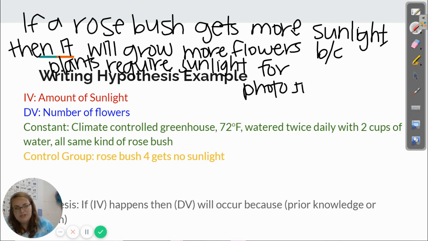Photosynthesis is the process by which plants grow, by the way, if you didn't know that.